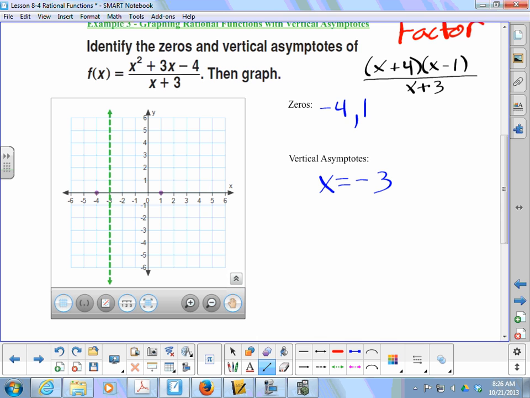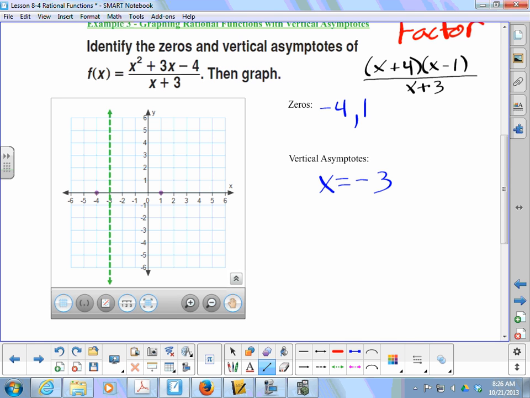What's the y-intercept? Okay, just think about it for a minute. And think about what does it take to make a y-intercept? What happens to get to y-intercept? All right.